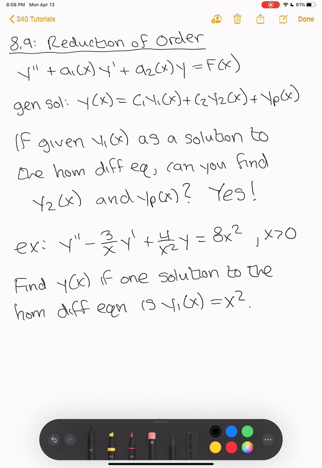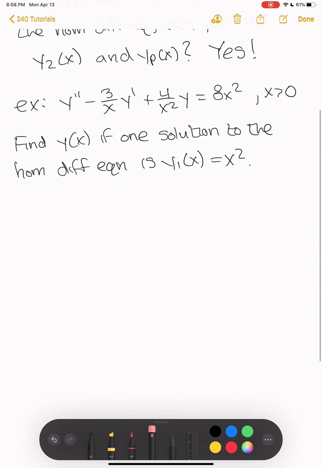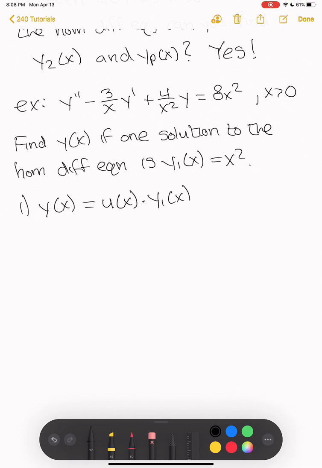So we're going to take what they give us here, this first solution, and we're going to find the other ones. And what we have to do is just a trick here. We first say that our function y of x is equal to another function u of x times the function they gave us.